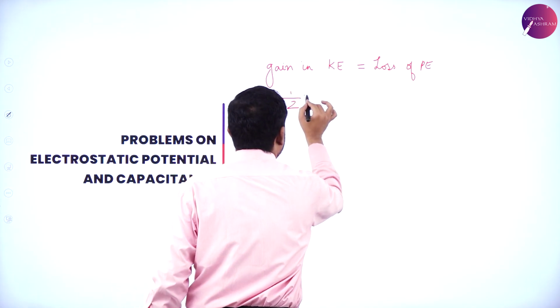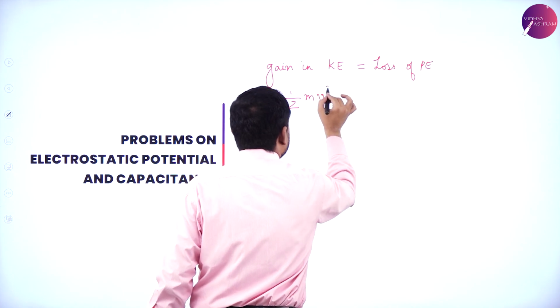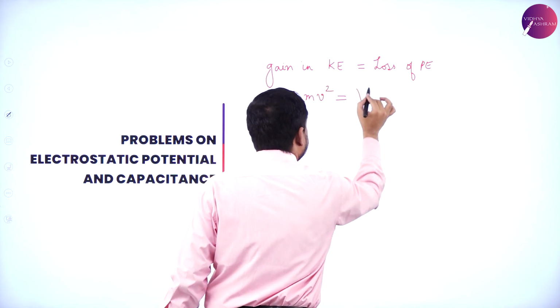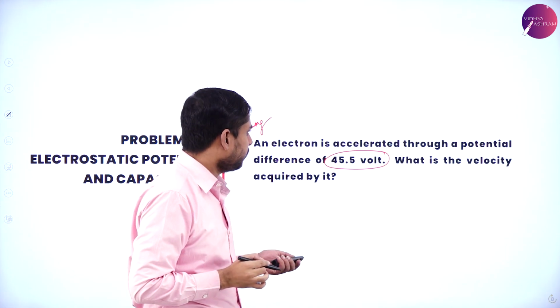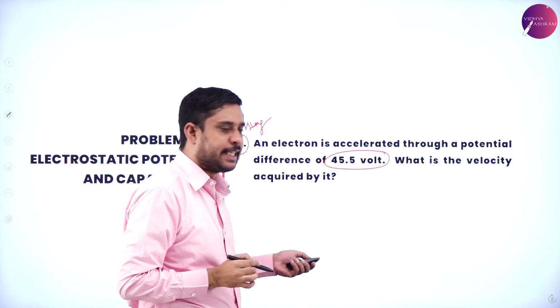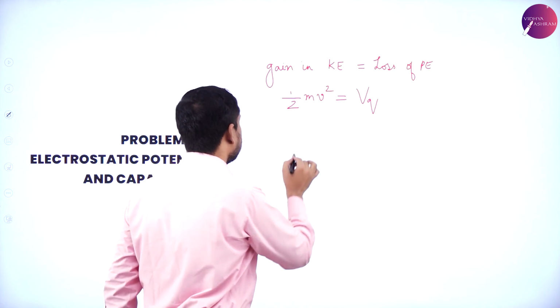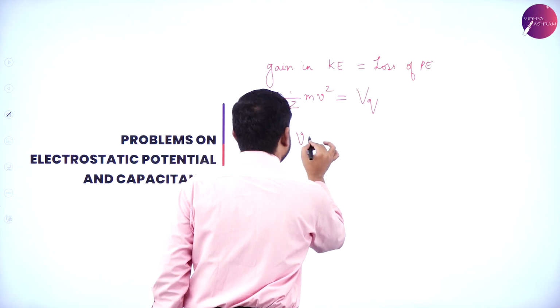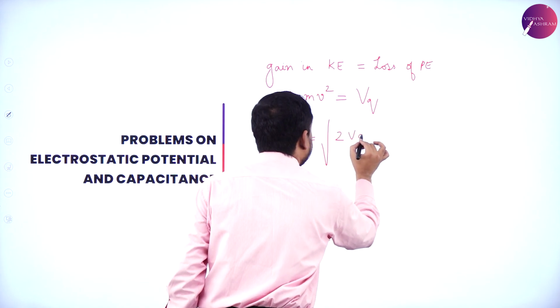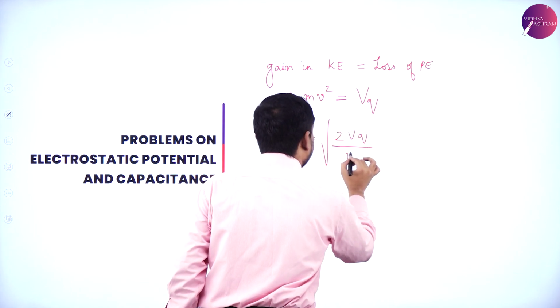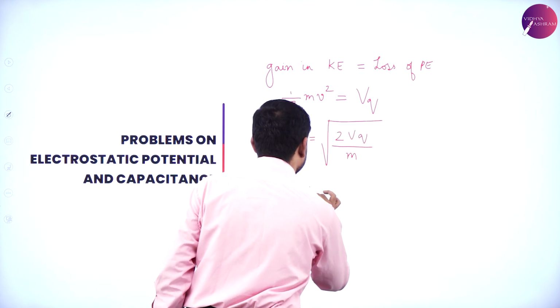So half mv square is V into Q. We have to calculate the velocity. So v is root of 2 VQ divided by m.